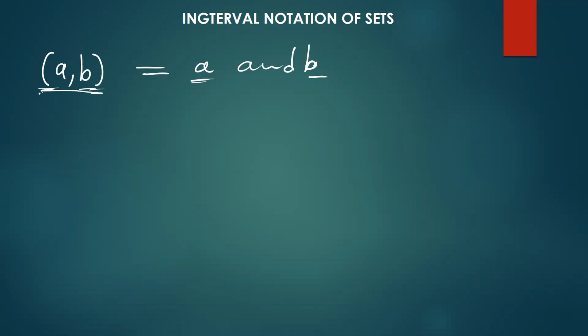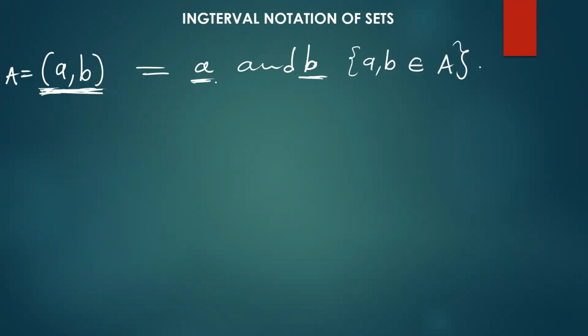It simply describes real numbers between A and B, excluding A and B. So in this set, A and B are not members of set A.